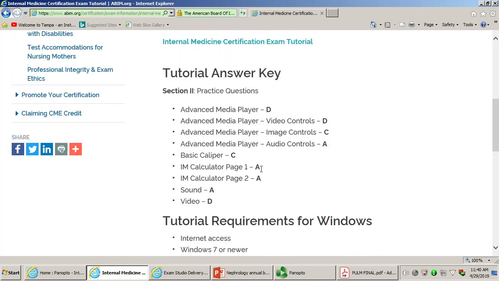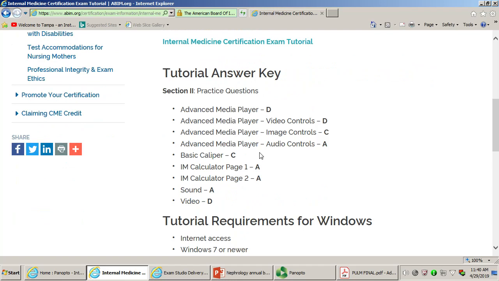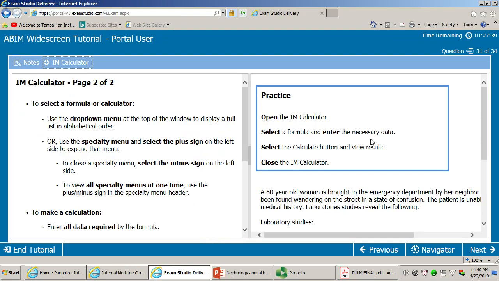I'll see if I can find a list, because I don't think that tutorial has them all. I feel like stool osmolar gap was also on there, at least last year. There's also a caliper for your EKG.